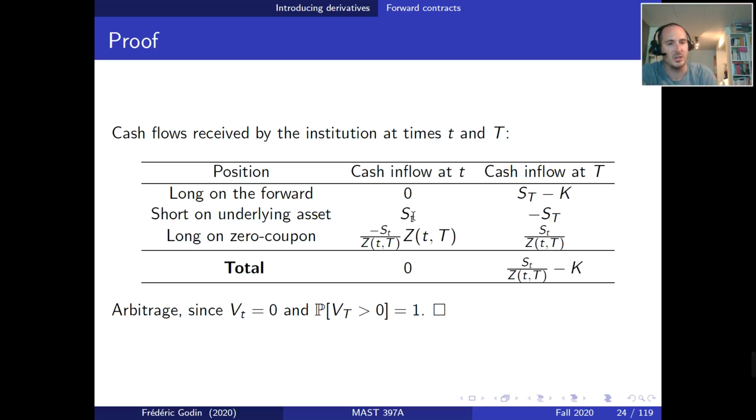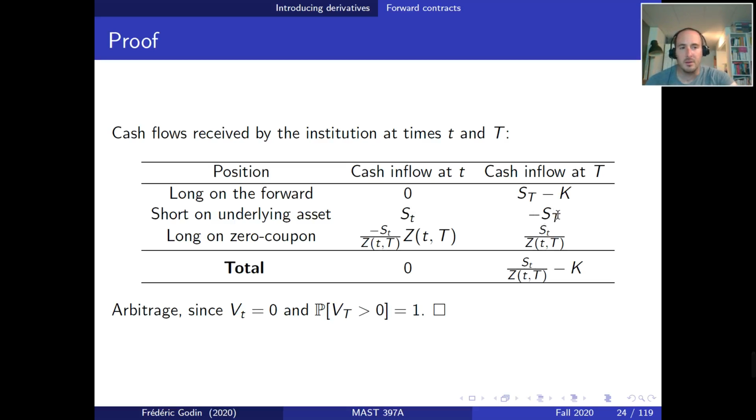But then at the maturity capital T, you will need to purchase back the stock from the market to return it to the third party. So you need to pay S capital T dollars.